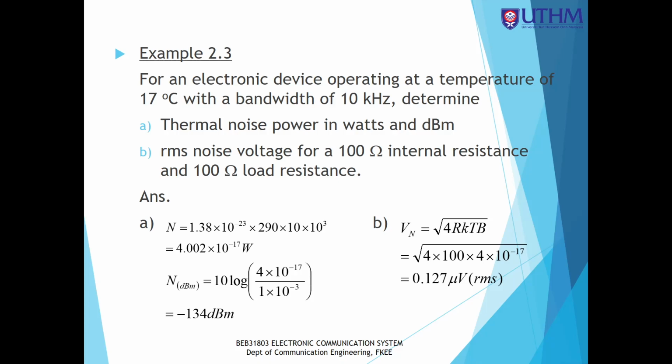Example 2.3. For an electronic device operating at a temperature of 17 degrees. My advice: when you get temperature in Celsius, straight away convert into Kelvin. That means 17 plus 273, so you will get 290 Kelvin.